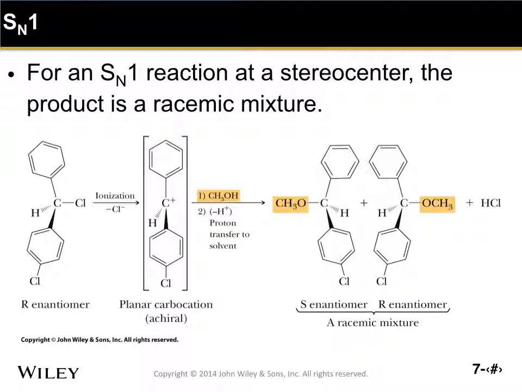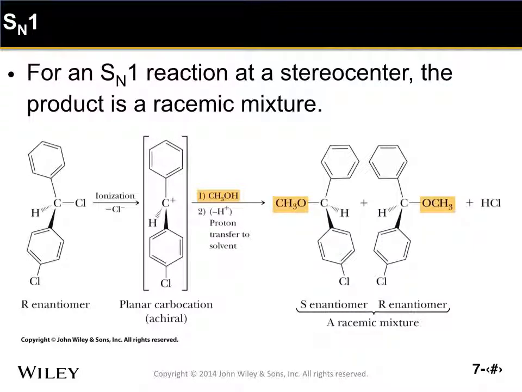Now we pop off the halide, which is the first step in the SN1 reaction, and we make the carbocation intermediate shown. So that carbocation intermediate can react with methanol from the left side to give the product on the left side, or it can react from the right side to give the product that's shown on the right side. Those two products are enantiomers of one another.